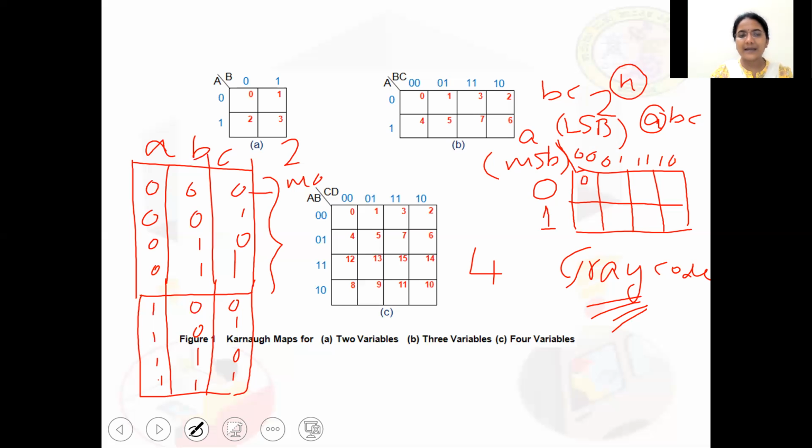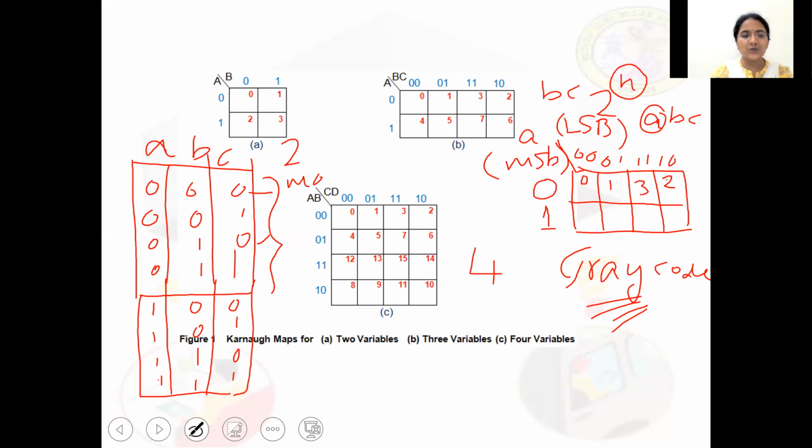Next, 0 0 1: A is 0 and the next column is 0 1, so the minterm is 1. Next A is 0 and next it is 1 0, so 0 1 0 represents 2. Next A is 0 and 1 1. It represents the minterm 3.